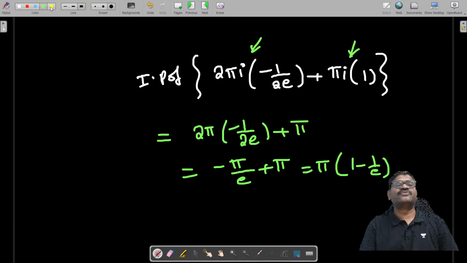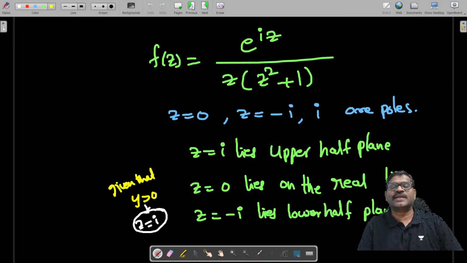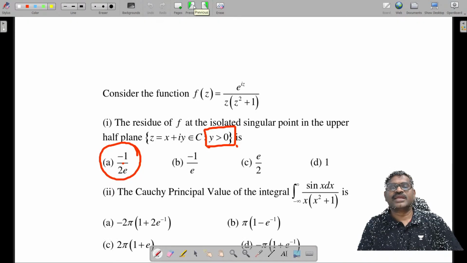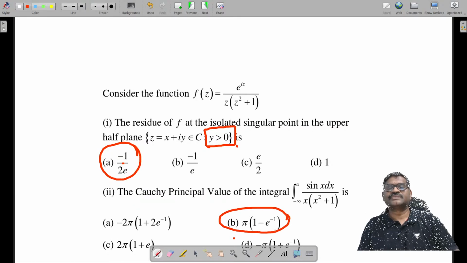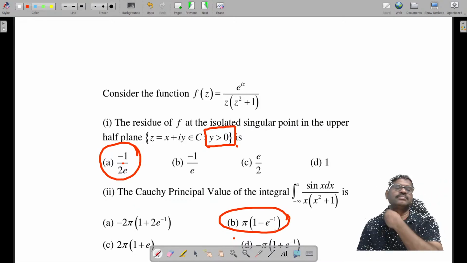Pi of (1 minus 1 by e) is the answer. Got it?